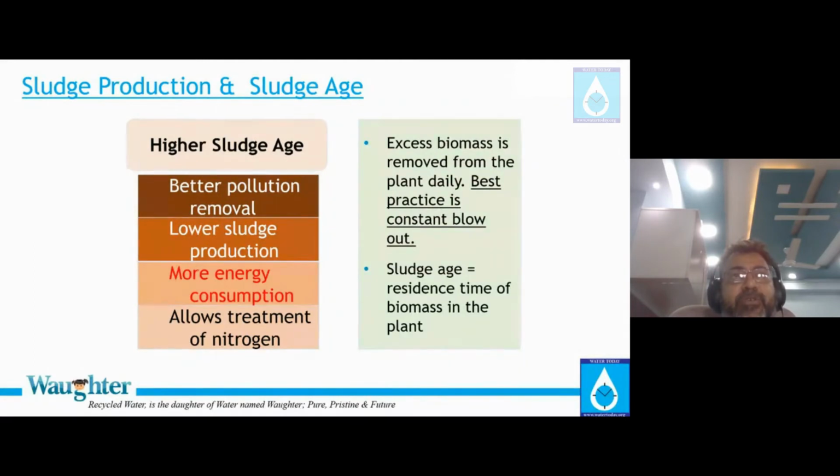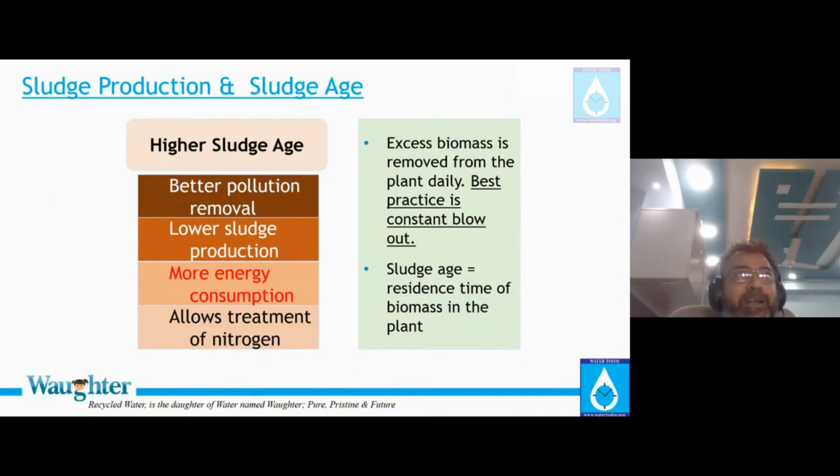But will it cost you money? The answer is yes, a fortune, because you have to keep the aeration on for digestion. The extra oxygen supplied for endogenous respiration, who will provide? You will provide. So it is more energy consumption. But the good news is, if you do this, you will have the possibility of attaining the autotrophs, because you will have lots of CO2 produced during endogenous respiration.